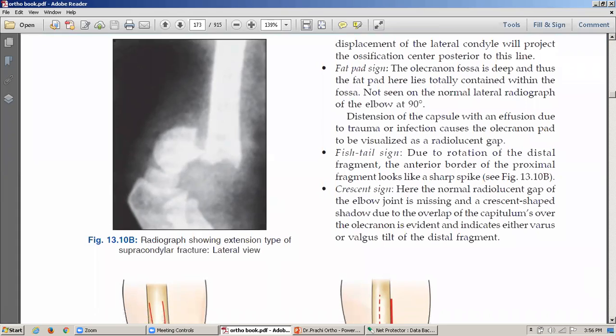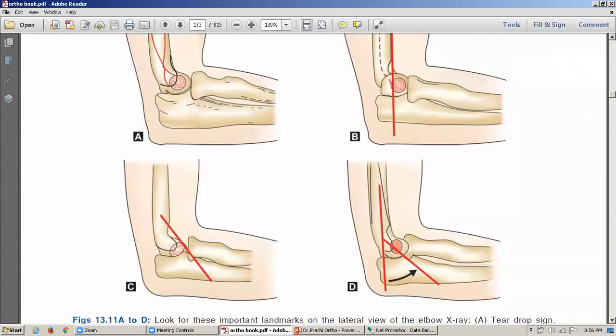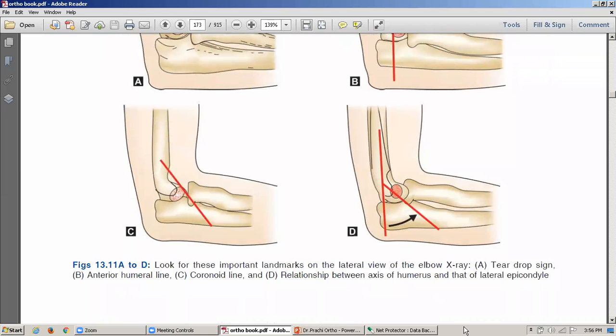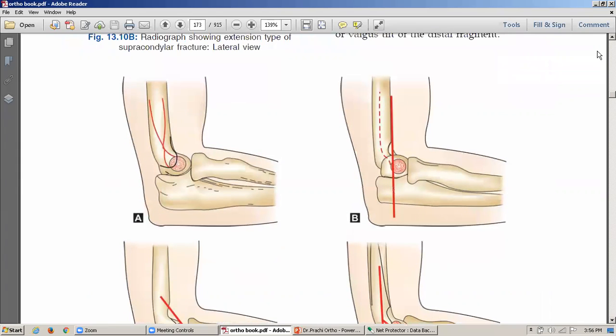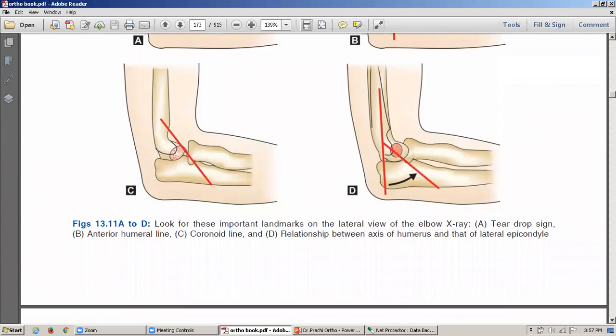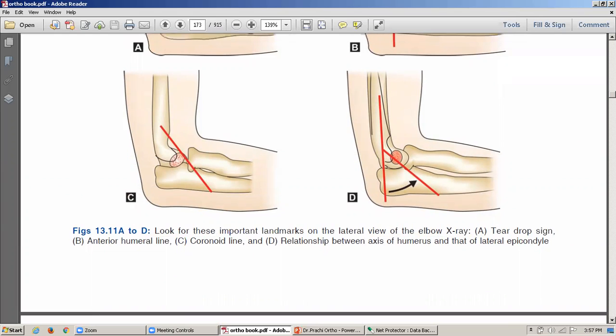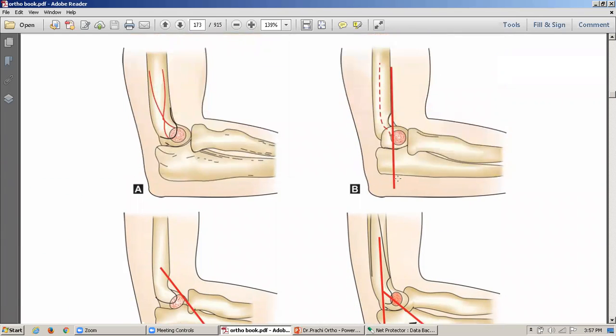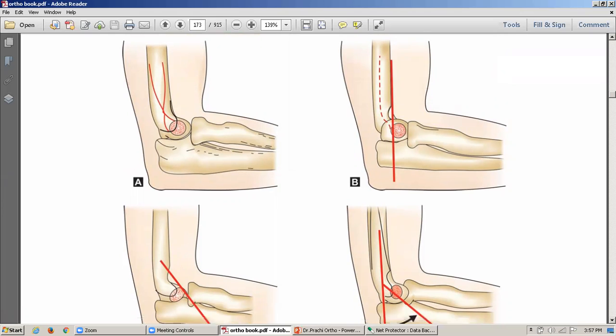Then this is the look of these important landmarks of the lateral view of the elbow in the X-ray. First is the teardrop sign, here in diagram A. Then the anterior humeral line, this one along the humerus.